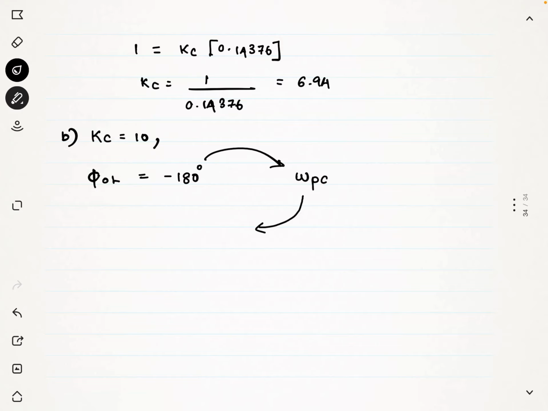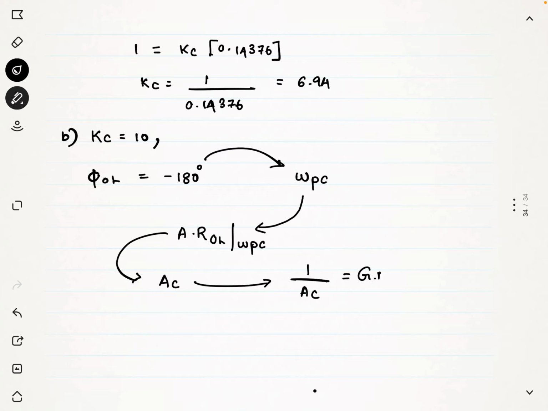Then we substitute the phase crossover frequency in the amplitude ratio of the open loop. Because we know Kc, we know all the terms, so we end up getting the critical amplitude, and then after computing the critical amplitude, if we take the inverse, we'll get the gain margin. This is what we are going to do.